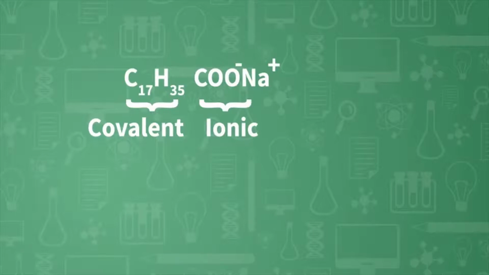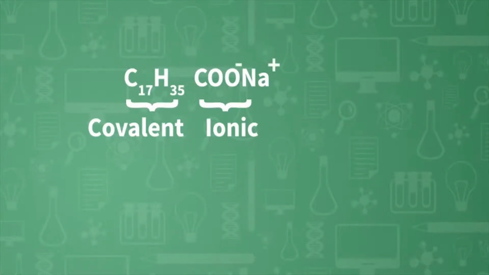But when we talk about COONa, this is the ionic part of the soap, where Na has given up an electron and COO has taken the electron. So the sodium has become the positive ion and COO the negative ion.